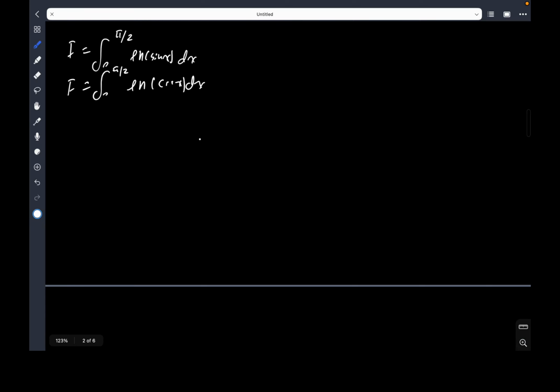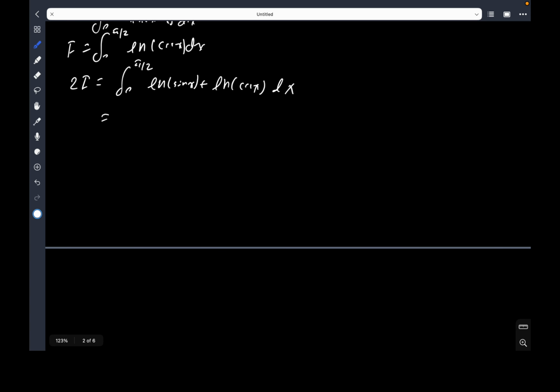And if I add these two together, 2I, it's going to be 0 to pi over 2 of ln of sine x plus ln of cosine x dx. I can use the property of logarithms, and it's going to be ln of sine x cosine x dx.